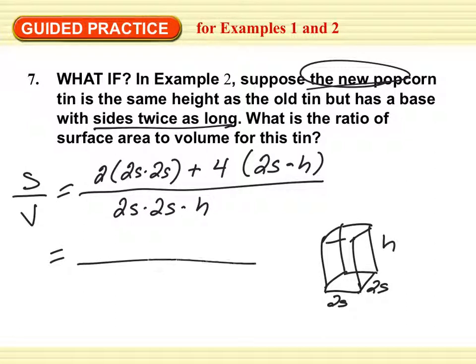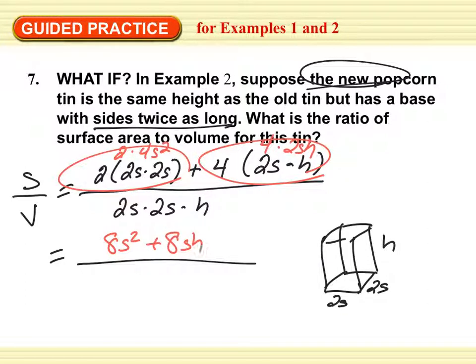Okay, let's do some work here. This is going to be 2 times 4s squared, or 8s squared. Here I have 4 times 2sh, or 8sh, over 4s squared h.